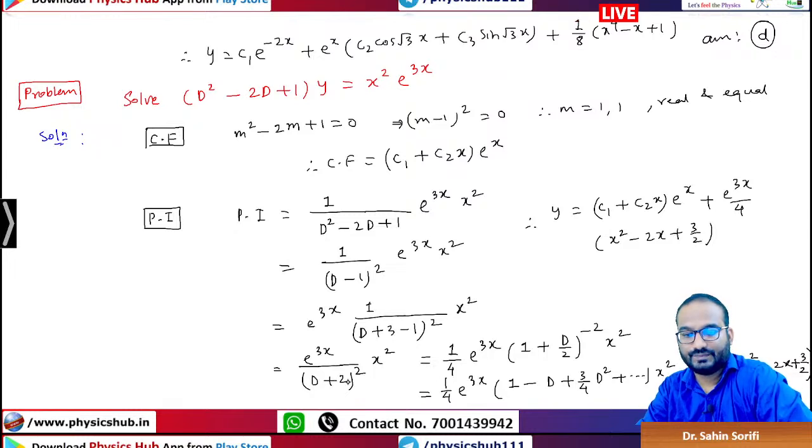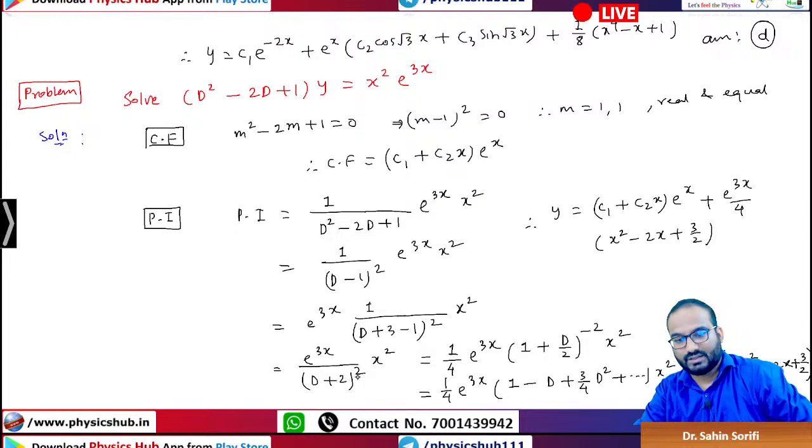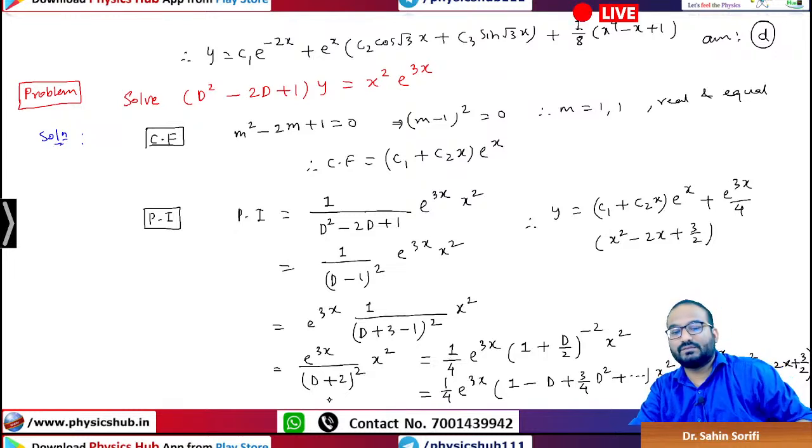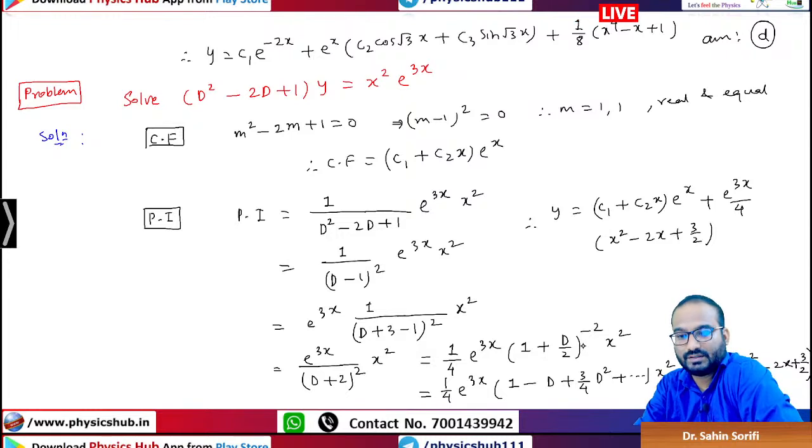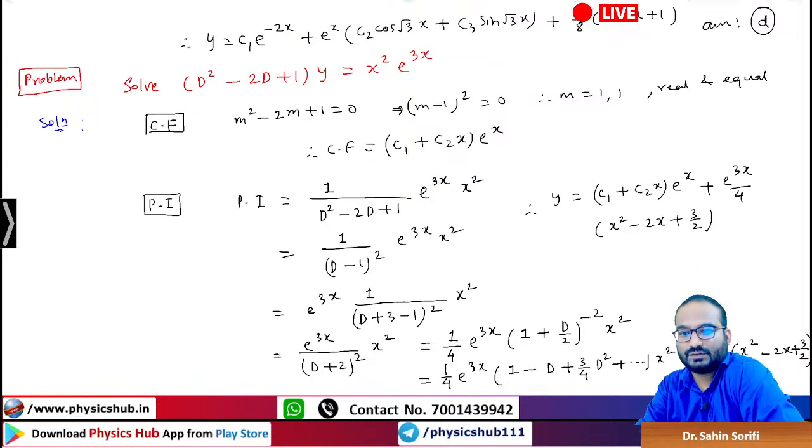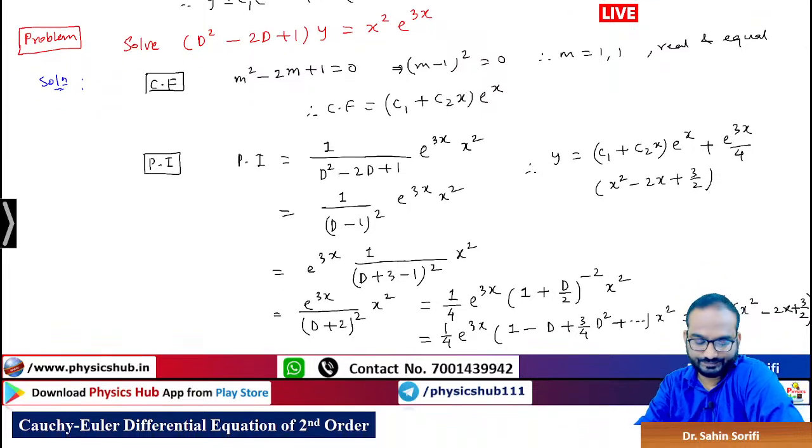Then here we have taken 2 common, so it comes out from the square as 4, and (1 plus D by 2) goes to the numerator becoming (1 plus D by 2) to the power minus 2 x square, and just expanded and wrote the solution as a sum of complementary function and particular integral, (c1 plus c2x) e to the power x plus this thing. Now clear, or any other question?